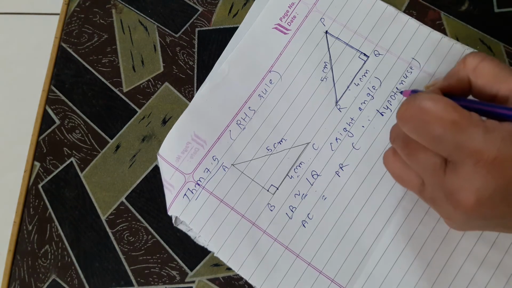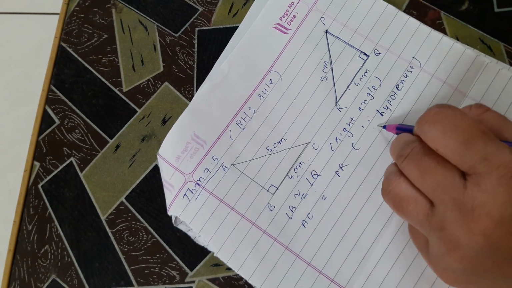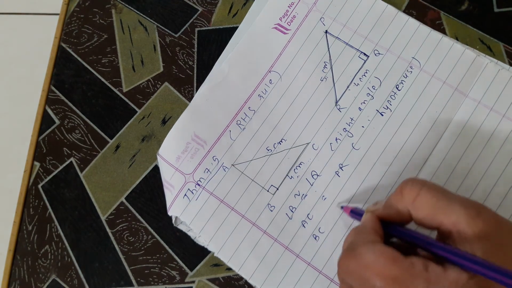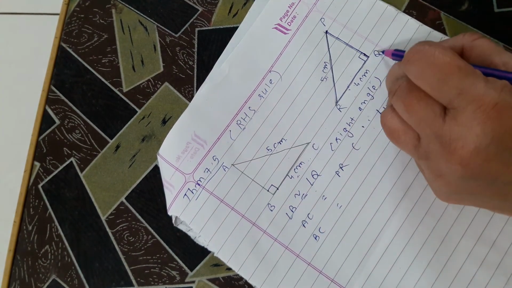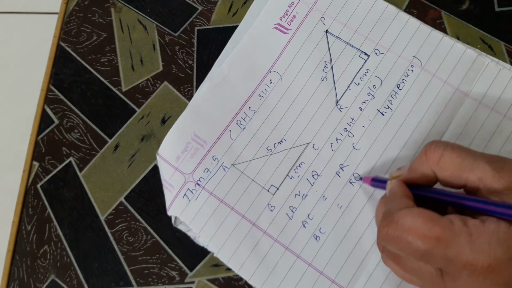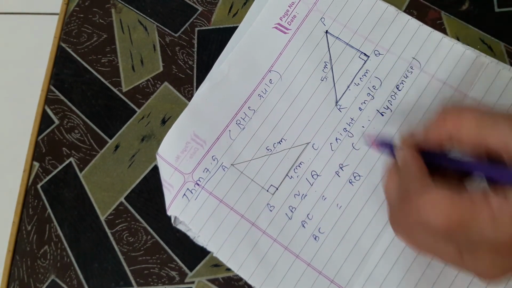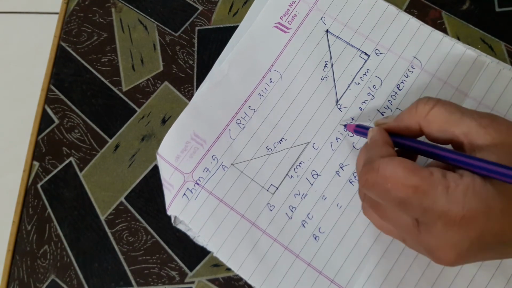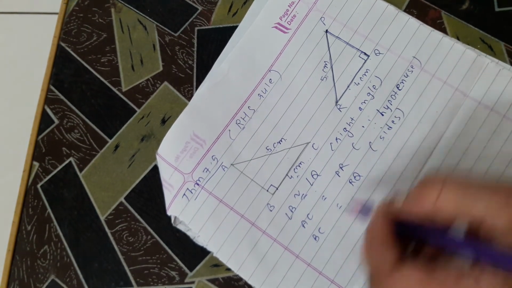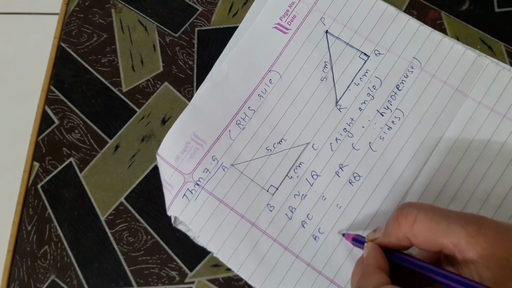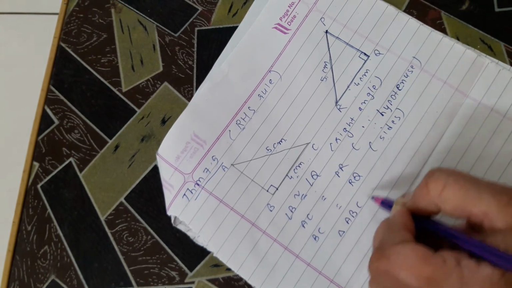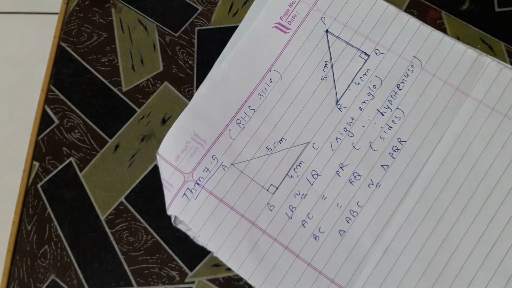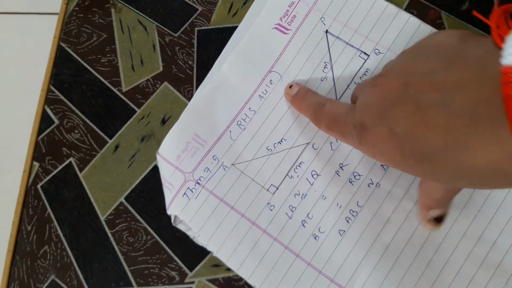So corresponding hypotenuses are the same and corresponding sides, that is BC equal to RQ. Therefore sides are the same. So by RHS, triangle ABC is congruent to triangle PQR. So this is the RHS rule.